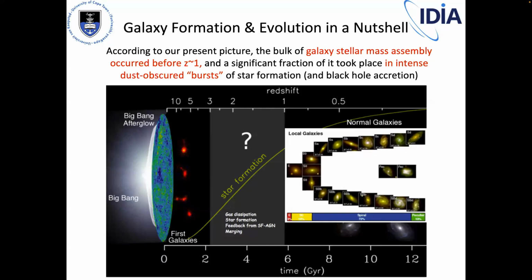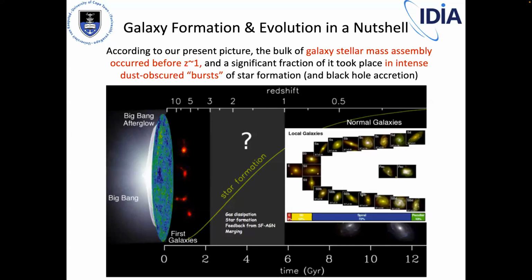This is often called cosmic noon, and that's the era of the universe where starbursts and active galactic nuclei occurred, so that a significant fraction of the star formation took place in contexts where there was either a dust torus in an AGN, or a dust shell surrounding the star-forming regions.